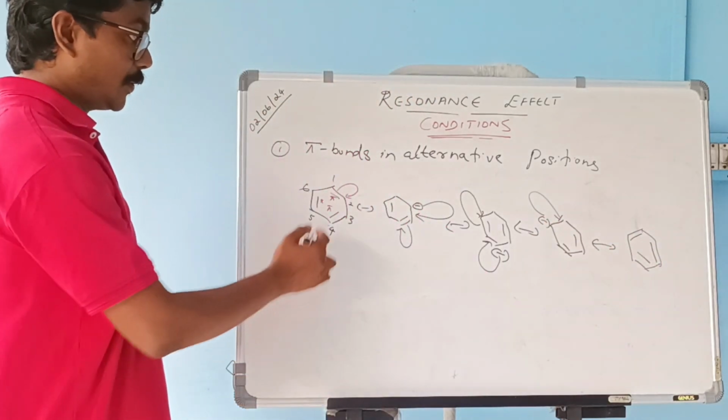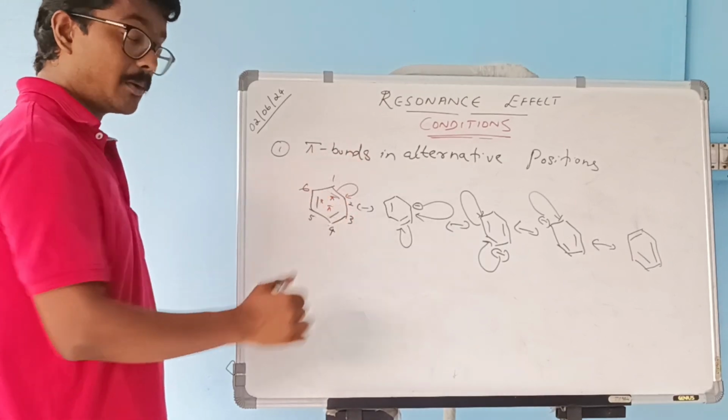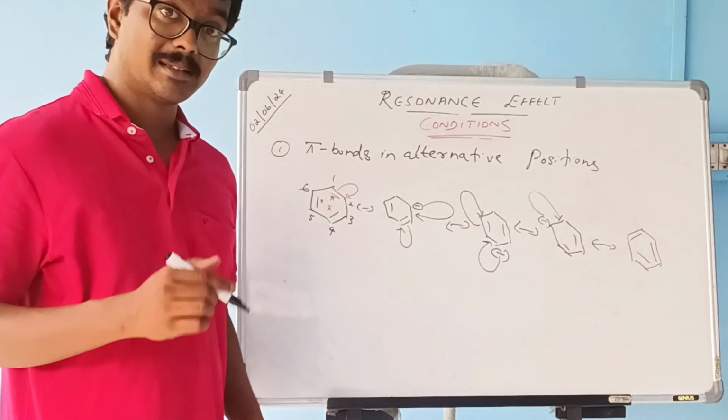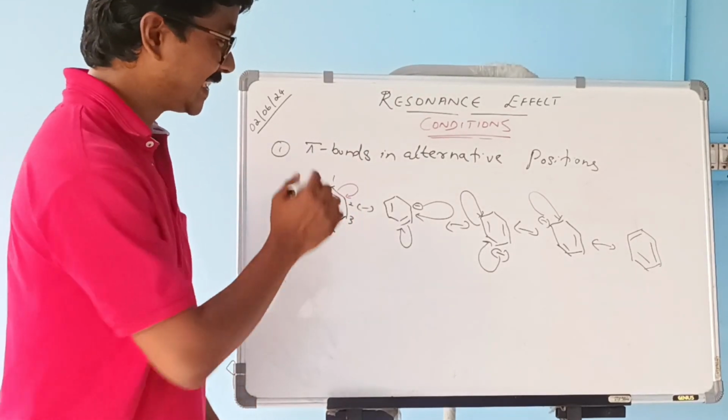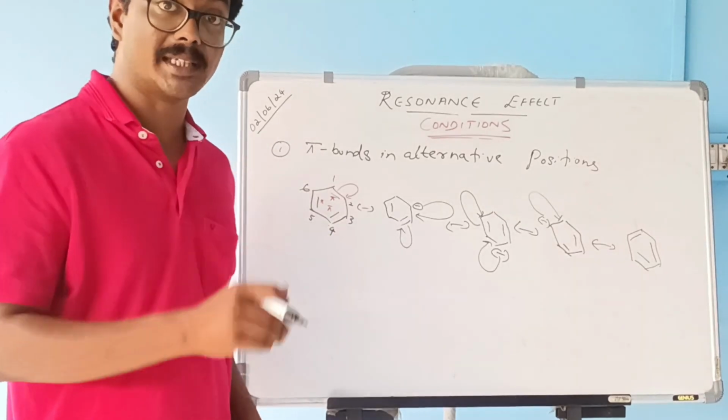So pi bonds in alternative positions enable the resonance effect smoothly. This is the first and foremost condition.